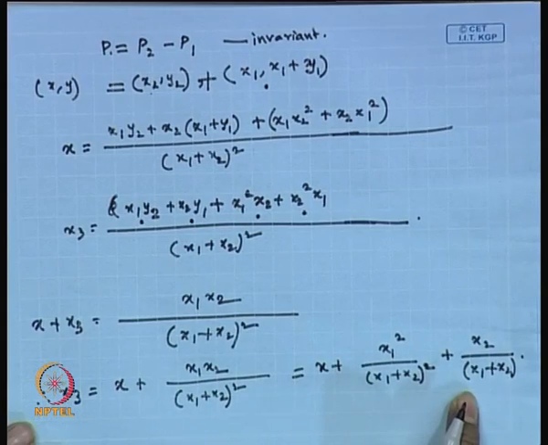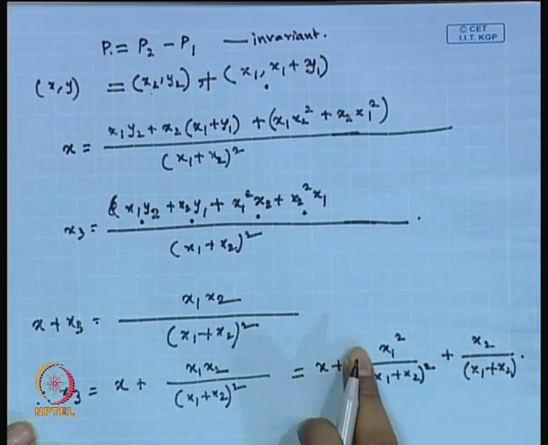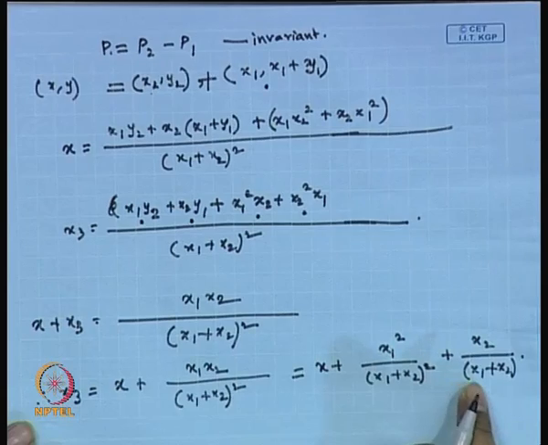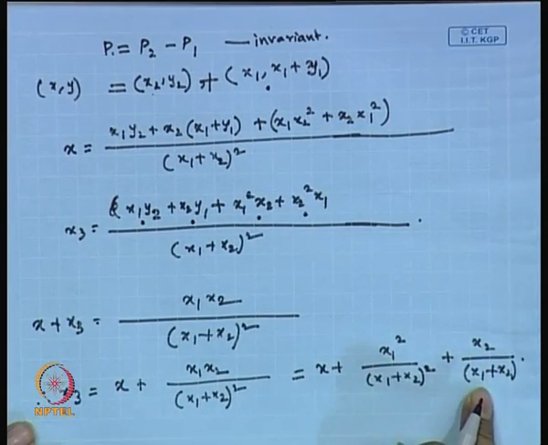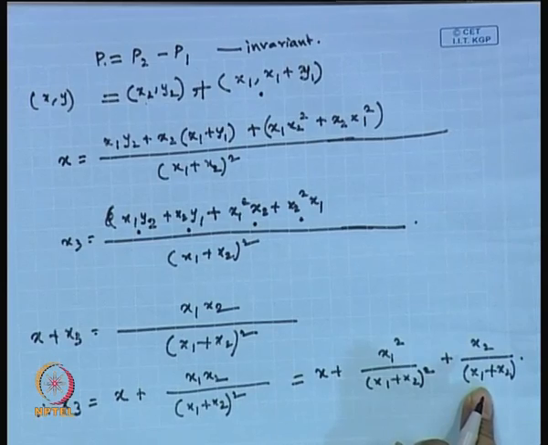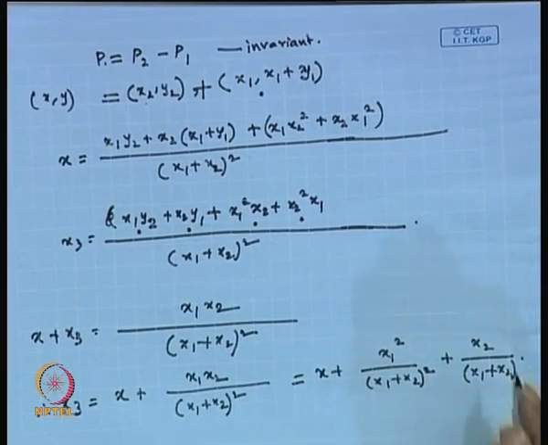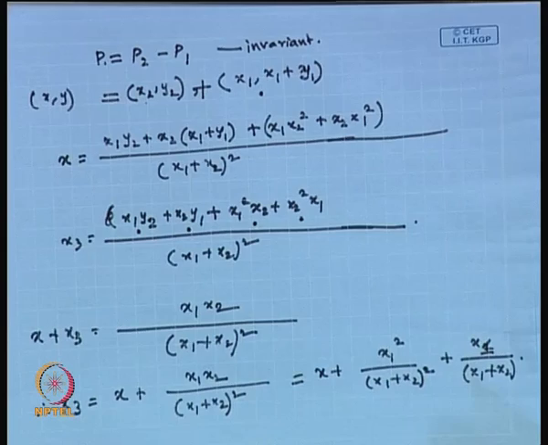You see that if I take (x1 + x2)^2, then x1^2 will stay, x2 will be multiplied with x1 plus x2, so x2^2 will be there and the other term will be x1 into x2. Sorry, there is a small thing, this is x1. So, in this case this x1^2 and this x1^2 will get cancelled.